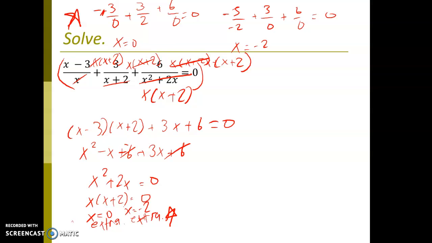You should have been checking your answers before, and you could have slid by not checking them. But now when doing these problems, it is imperative, and I cannot stress that enough, that you check your answers to make sure that none of them are extraneous, because some of them might be extraneous, none of them might be extraneous, all of them might be extraneous. But again, that's something you need to check for.